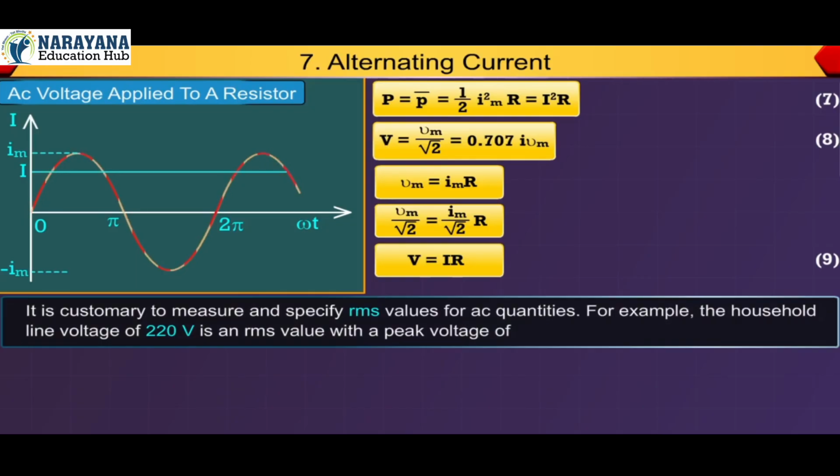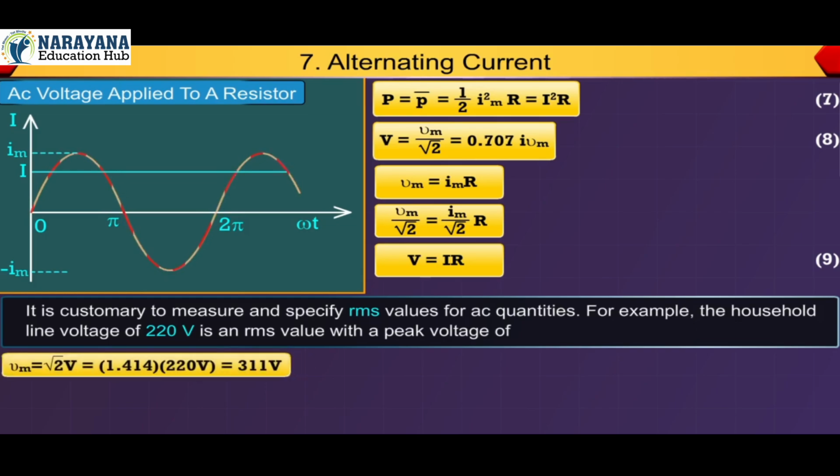For example, the household line voltage of 220 volt is a root mean square value with a peak voltage of Vm = √2 V = 1.414 × 220 volt = 311 volt.